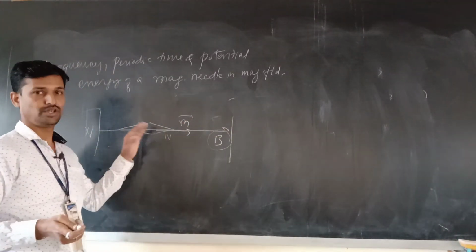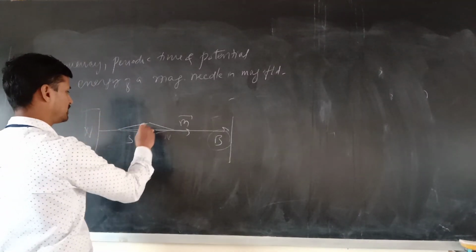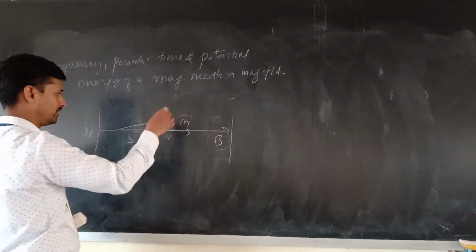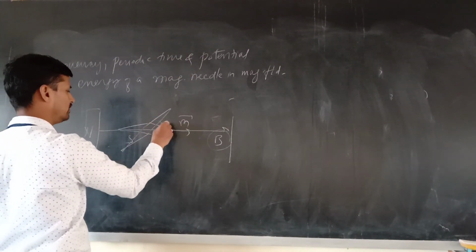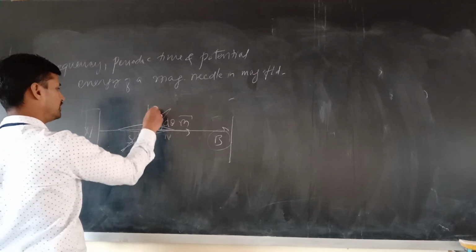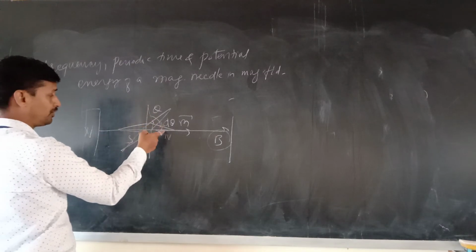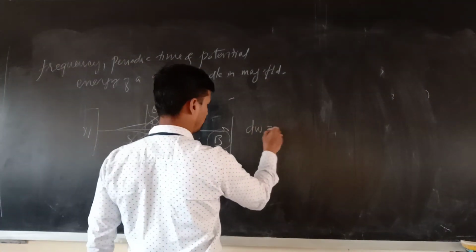This is said to be the most stable position. Some of you, if you come and disturb this one, disturb means don't take and throw away. Disturb means twist it by an angle d theta, later on by an angle of theta. If you twist it by an angle theta, you are doing some work.